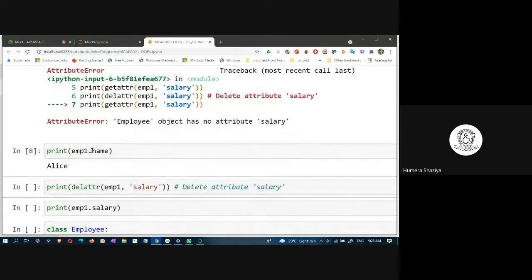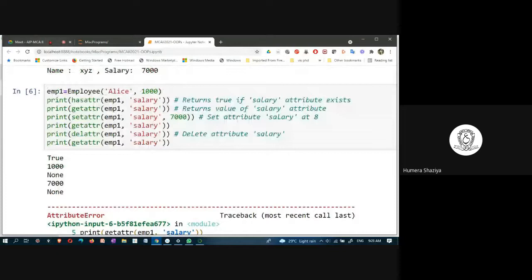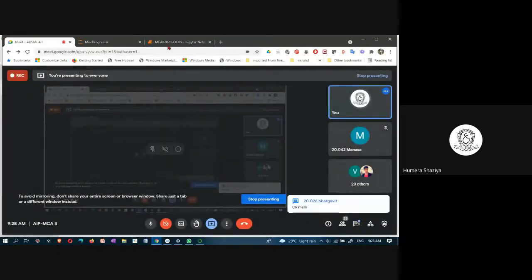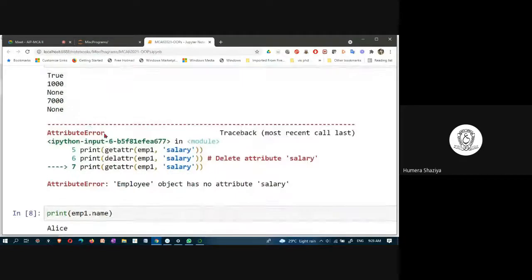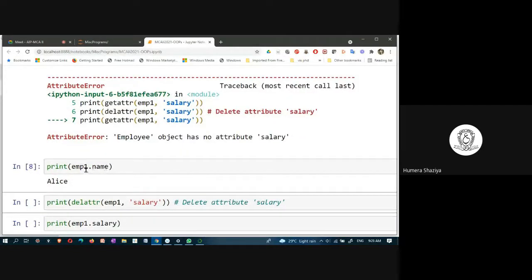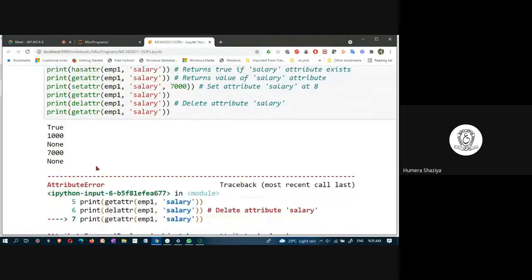When I print name, we get Alice, because we have deleted salary. When we tried printing salary, it raised an error. When we tried printing a name, it printed the name assigned to this emp1.